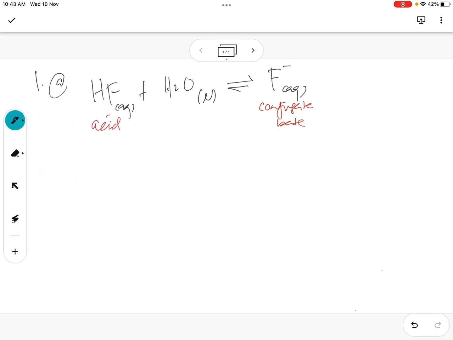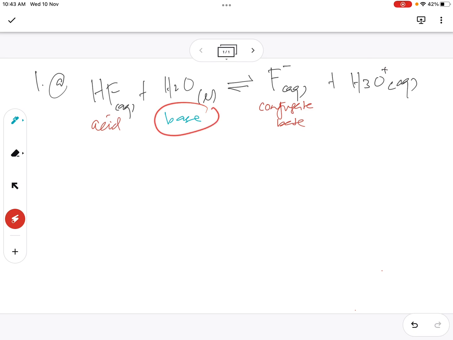Similarly, if that is the acid, the partner must be the base, which is water. Water must be a base. Just now we said an acid donates a proton, so the base accepts the proton. After the proton goes over and water accepts it, it becomes H3O plus aqueous, the hydronium ion.